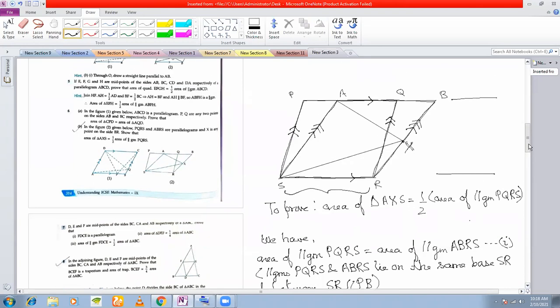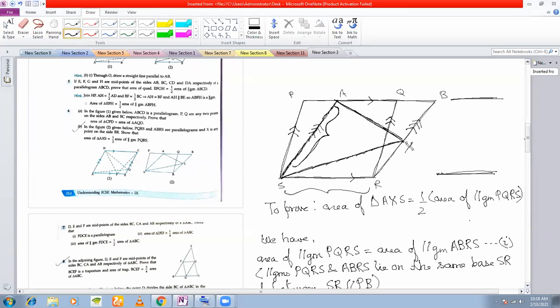Now, what you also see here is, if you consider this triangle here, AXS, what you see very clearly here is that triangle AXS lies on the base AS and between these two parallel lines. It shares the base with ABRS, and it lies between these two parallel lines.